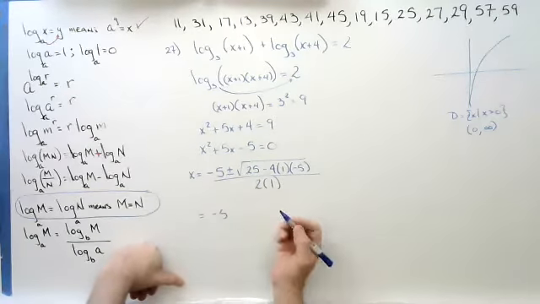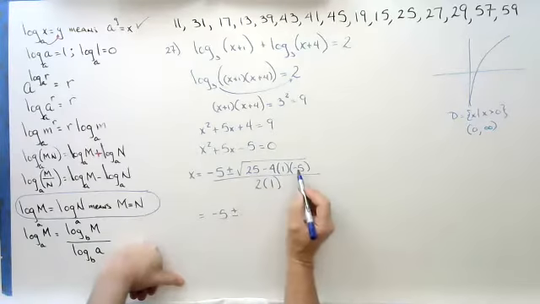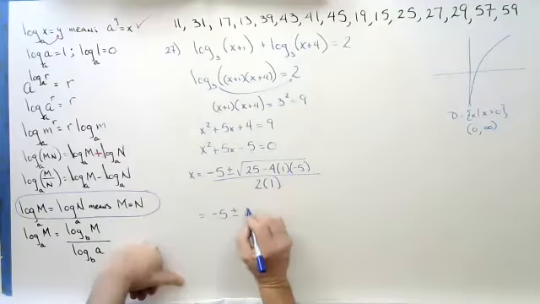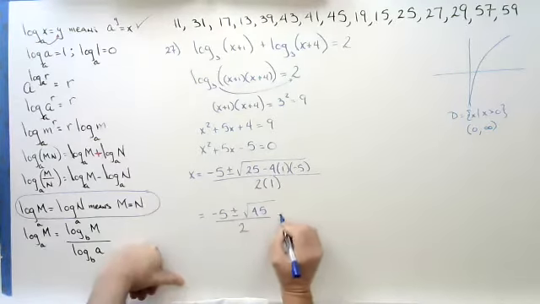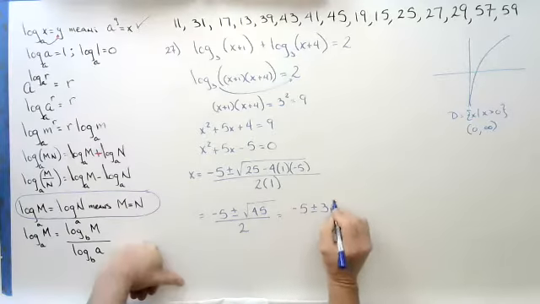Negative 5 plus or minus, that's 25. Pardon me, that's 20. That's 25. That's 20. That's 45. That's negative 5 plus or minus 3 root 5 over 2.